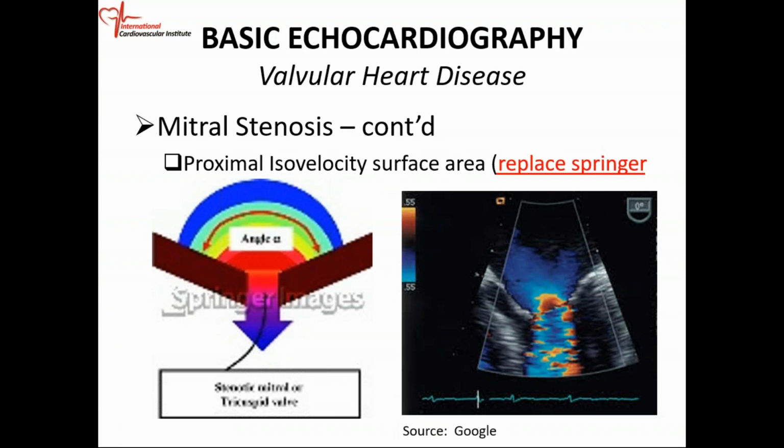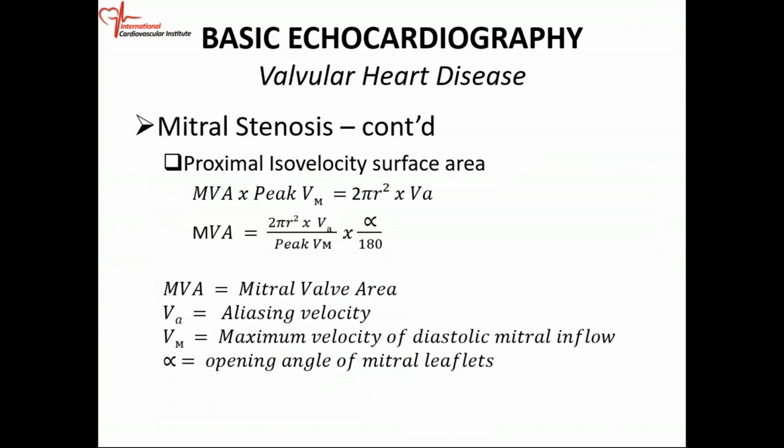You can also use the PISA method to calculate the mitral valve area. If you're going to use the PISA method, which is a little bit more difficult, we use the same concept though.